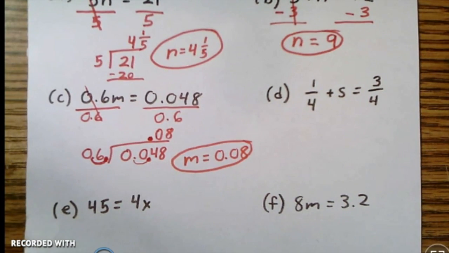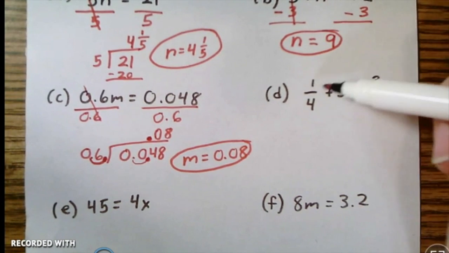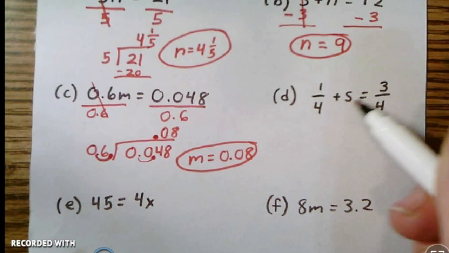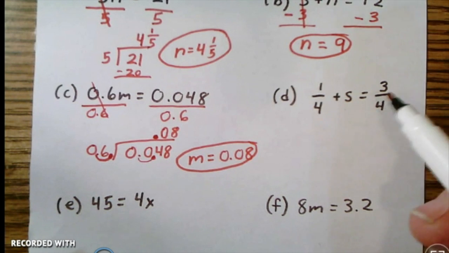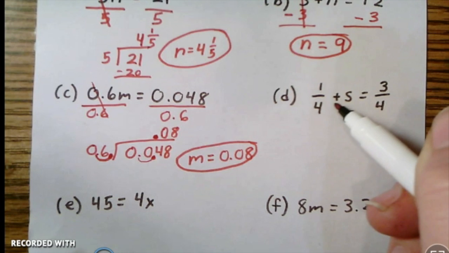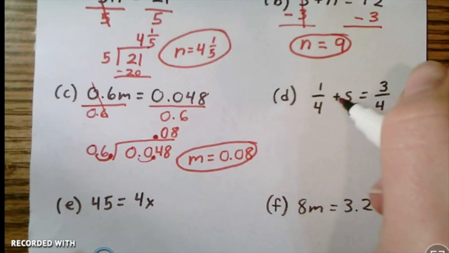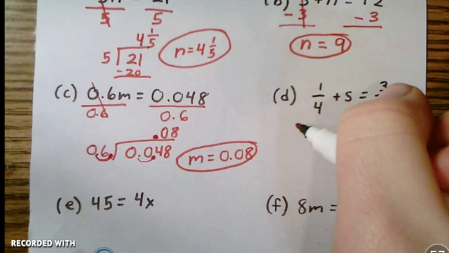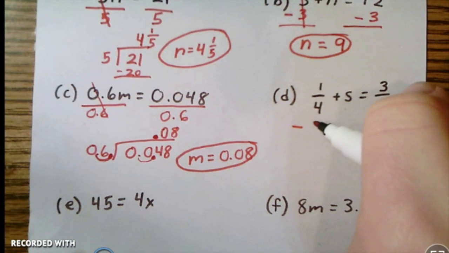All right, example D. This one's got a fraction in it. 1/4 plus s equals 3/4. So I'm going to find my variable. I got s. Look at what's happening to it. Right now, it is being added. So I'm going to undo the addition with subtraction. So I'm going to subtract 1/4.